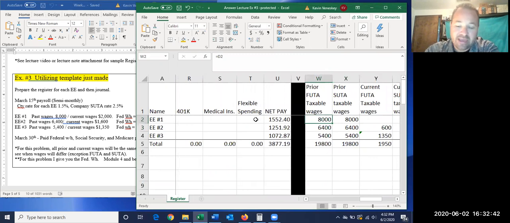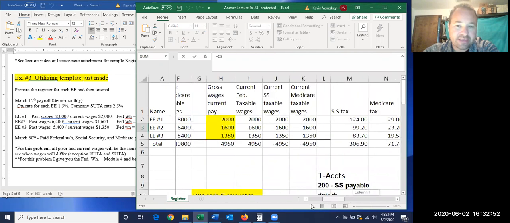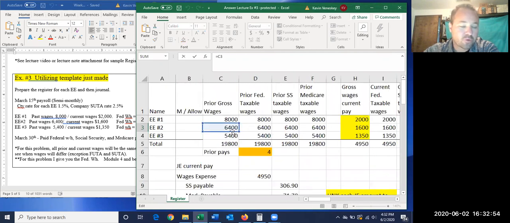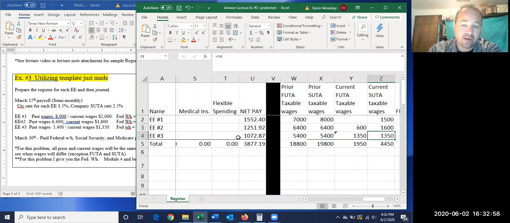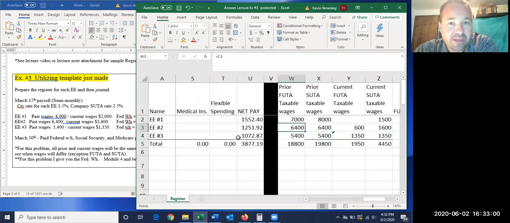Knowing that this is over the cap, we're going to override and put in 7. And then this one, I said copy C3, prior gross wages of 6,400, okay? And then 5,400 for the other guy. That is not over the cap, so we're fine with those amounts.